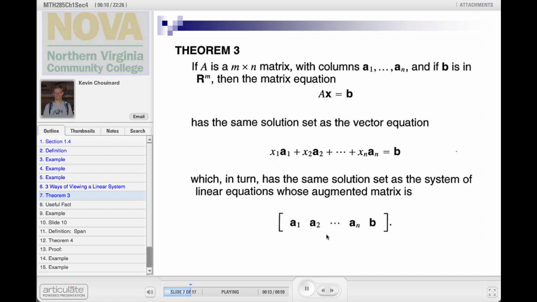If A is an m by n matrix with columns a sub 1, a sub 2, all the way through a sub n, and if b is a vector in the m-dimensional vector space of real numbers, then the matrix equation A x equals b has the same solution set as the vector equation x sub 1 times a sub 1 plus x sub 2 times a sub 2, etc., plus x sub n times a sub n equals b, which in turn has the same solution set as the system of linear equations whose augmented matrix is columns a sub 1, a sub 2, all the way through a sub n, with the final column being column b.